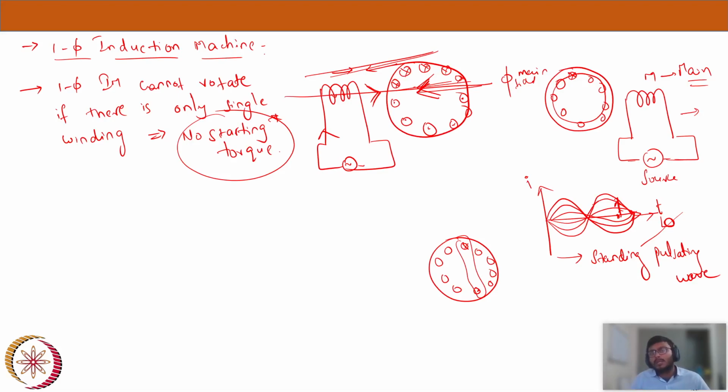Now, the direction in which the motor will rotate depends on the direction in which I give the external force. If I give a clockwise external force using my prime mover, my motor will pick up speed in the clockwise direction, the speed will keep on increasing, and it will settle to a rotor speed of NR at some steady state. If I give an anti-clockwise external force, my motor behaves the same way.